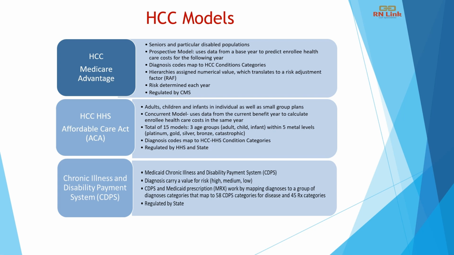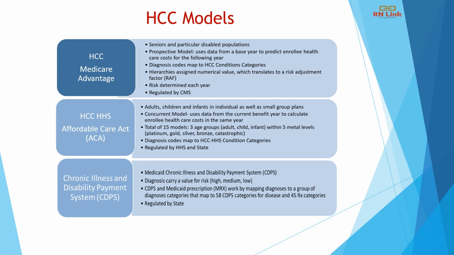2. HCC HHS. Affordable Care Act ACA includes adults, children and infants in individual as well as small group plans. Concurrent model, which uses data from the current benefit year to calculate enrollee healthcare costs in the same year.